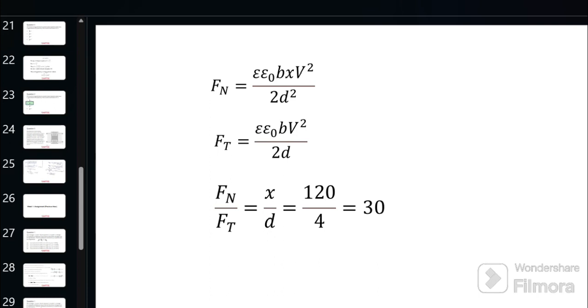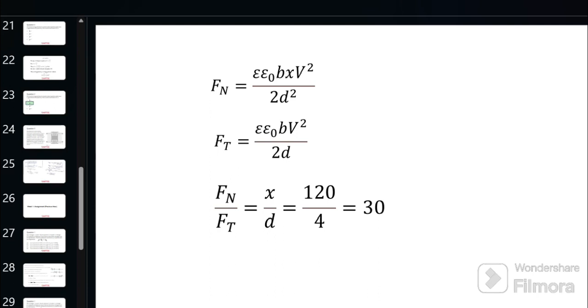So what you get when you divide Fn upon Ft is just x by d. x is basically, as I said, the area of the capacitor, which is just 120 micrometer.